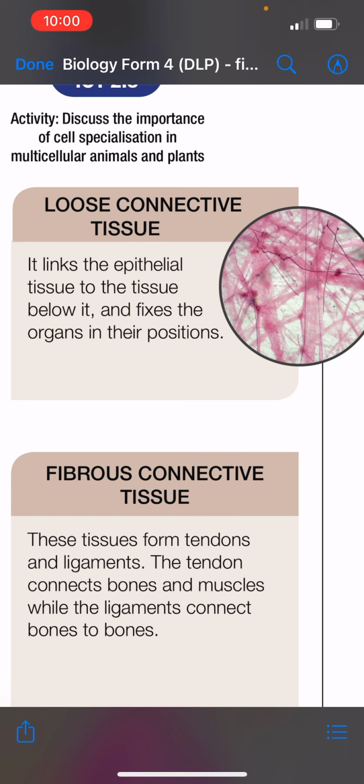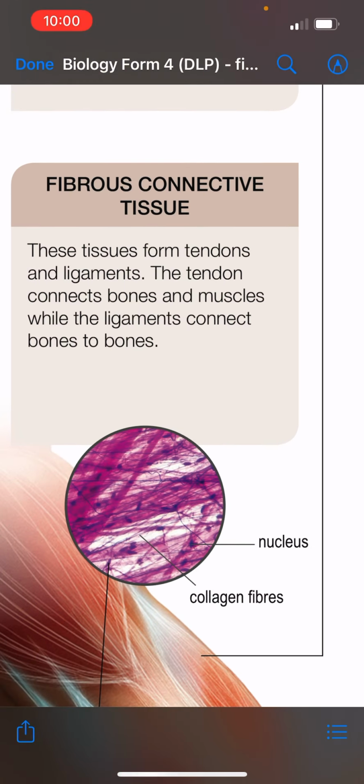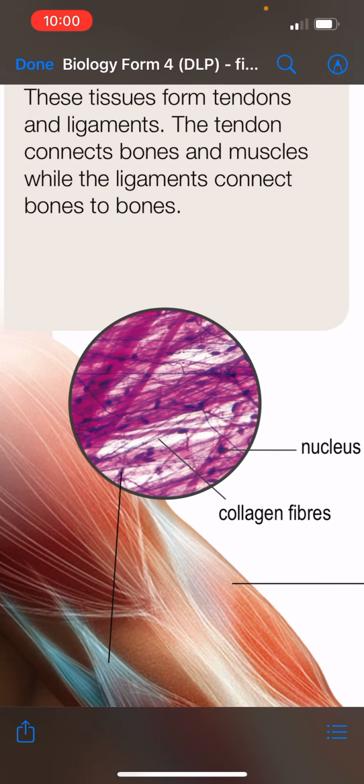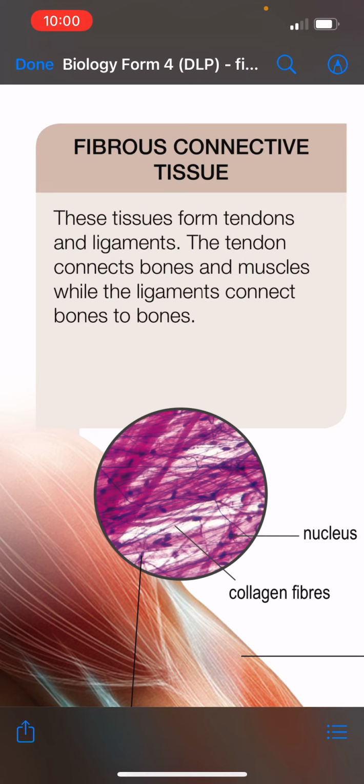That is loose connective tissue. Now this is fibrous. When we say fibrous, it means it is made up of fibers, collagen fibers. This one is found in tendon and ligament. Your muscle needs to connect with bone, so it needs to go through a tissue. Likewise between bone and bone, they need to be connected by a tissue.